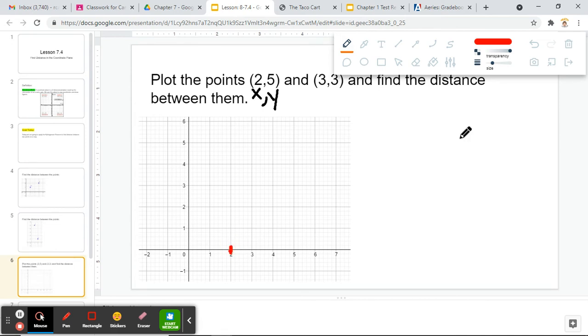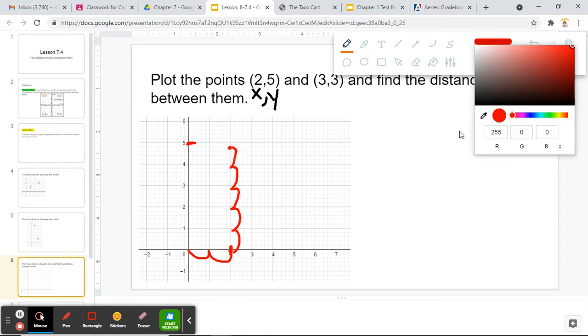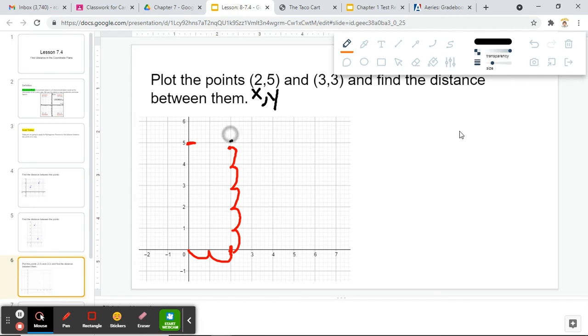Now it says y is equal to 5, so we got to line up where 5 is here. So if we're going over 1, 2, and up 1, 2, 3, 4, 5, then that means that our first point is going to be right here at (2, 5). You're just lining up the x and the y points there.